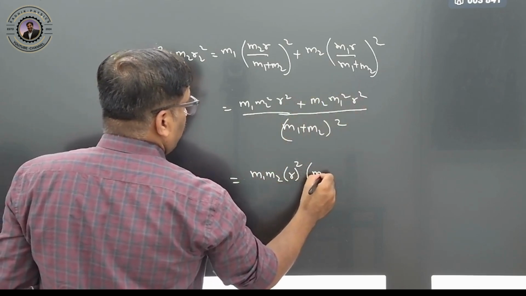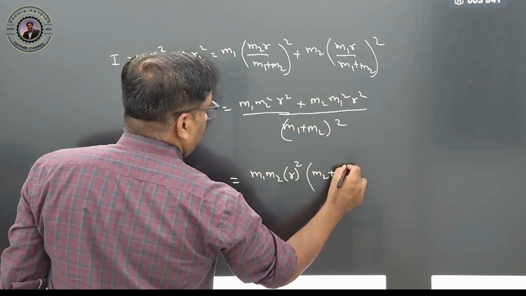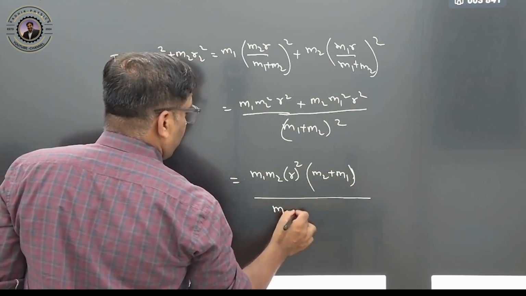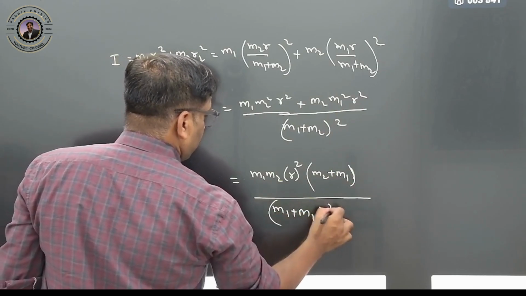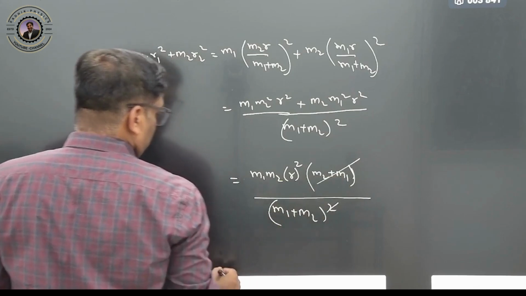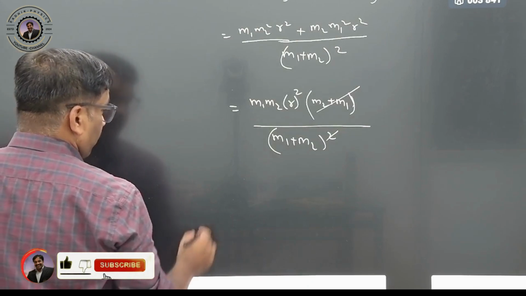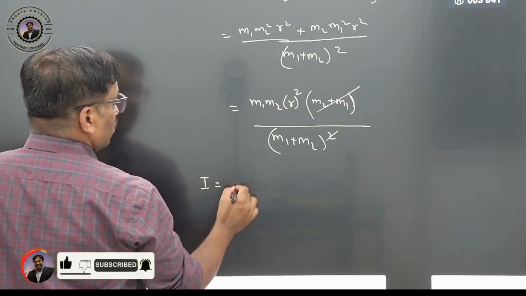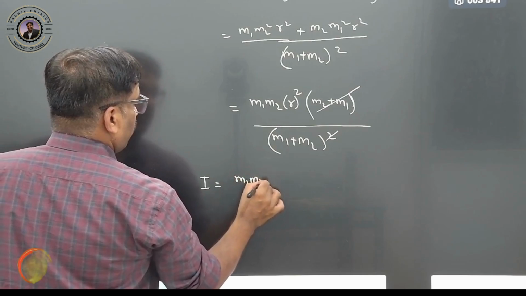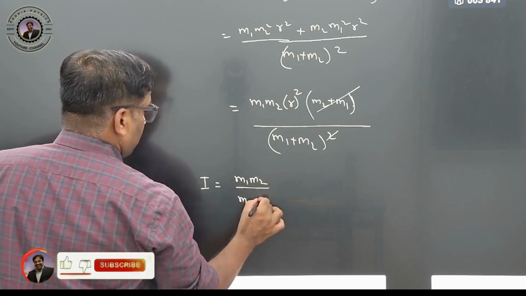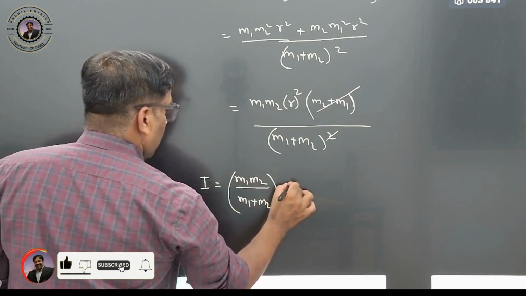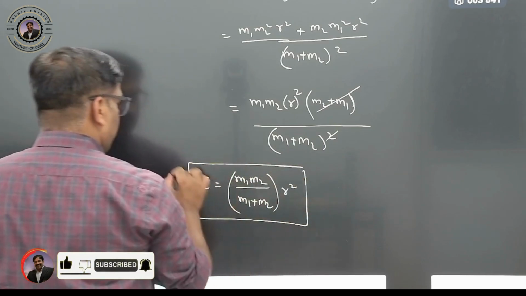So here one m2 is gone, m2 plus m1 remains by (m1 plus m2) whole square. Therefore this one will get cancelled out. So what will be the moment of inertia about an axis passing through the center of mass? I is equal to m1 m2 by (m1 plus m2) into r square. This is your moment of inertia.